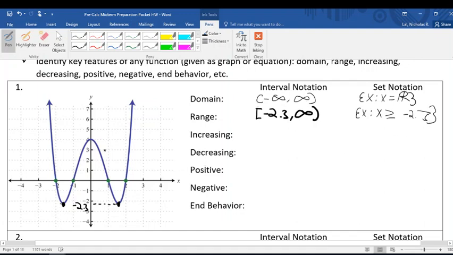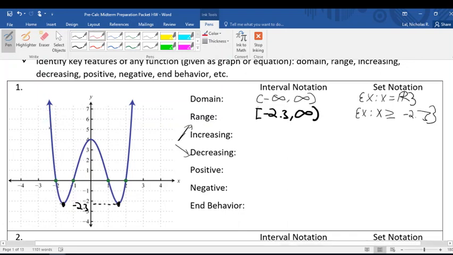Now we're looking at intervals where the function is increasing. Increasing is when it has this positive direction, so it's increasing from left to right. Decreasing is when it's going down from left to right. So let's look at when it's increasing. Follow my cursor.